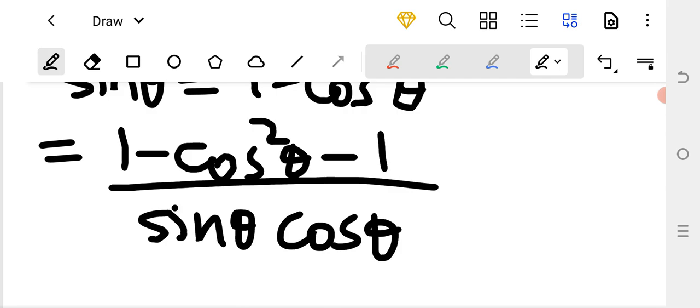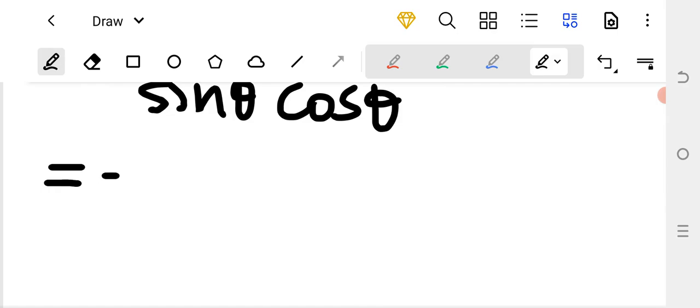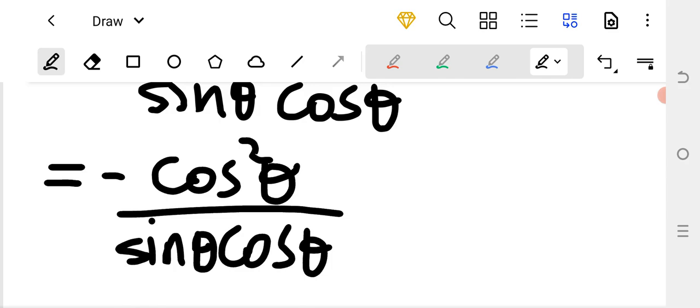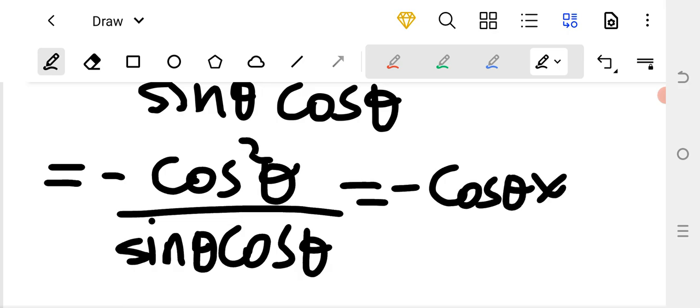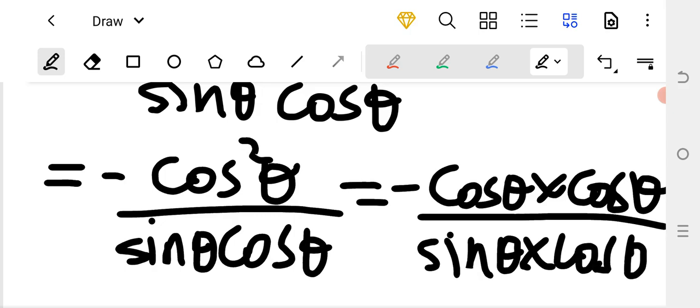Then at this point in time, you have a positive 1 and a negative 1. Those can cancel out, leaving you with only a negative cos theta squared. You divide by sine theta cos theta. Then this is the same as writing negative cos theta times cos theta divided by sine theta times cos theta.